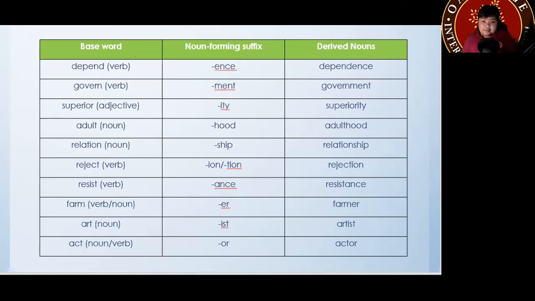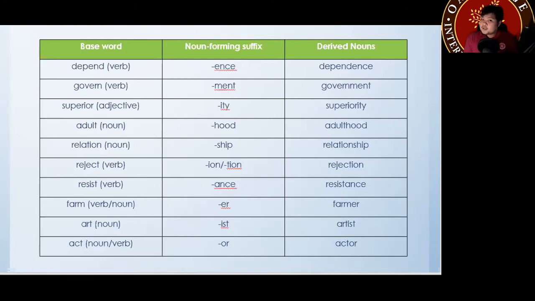That's the derived noun. Farm is either a verb, you farm something, or a noun, you are talking about a certain place. When you want to make it a noun, the person who does the farming or who is in a farm is a farmer. That's the derived noun. Art is a noun.